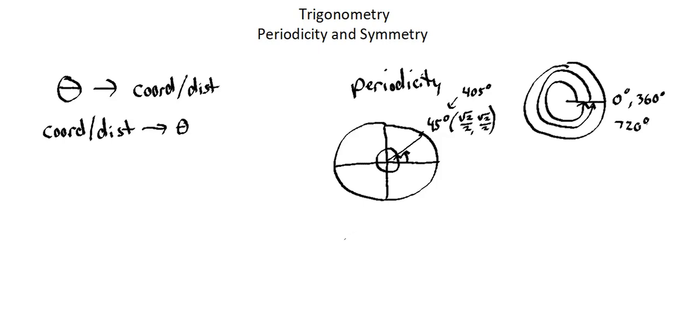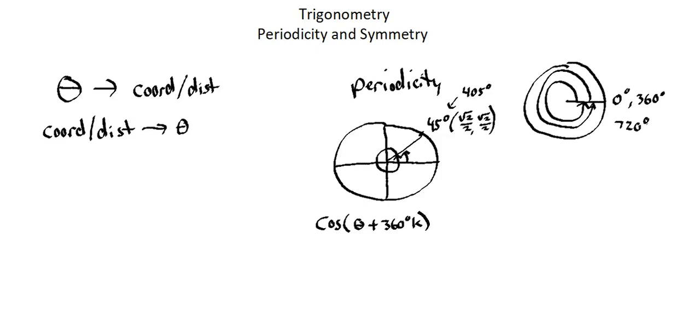There's periodicity in cosine and sine. The periodicity is based on a multiple of 360 degrees. And I'll describe this periodicity as the cosine of angle plus 360 degrees times k, which is any integer multiple I want. That's the number of rotations I'm going around the circle.